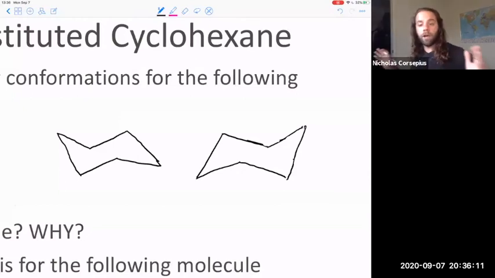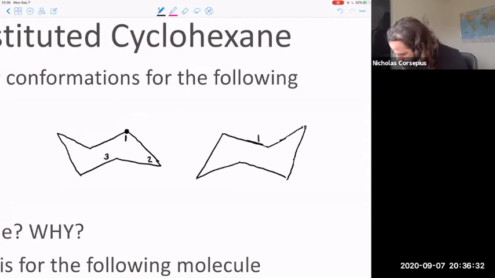Now one of the things that we have to make sure we can do is figure out which carbons are which. So I think the best thing to do is just go in and label. Start: this guy is 1, 2, 3. It was up on this side, so it has to be down on this side. 1, 2, 3.